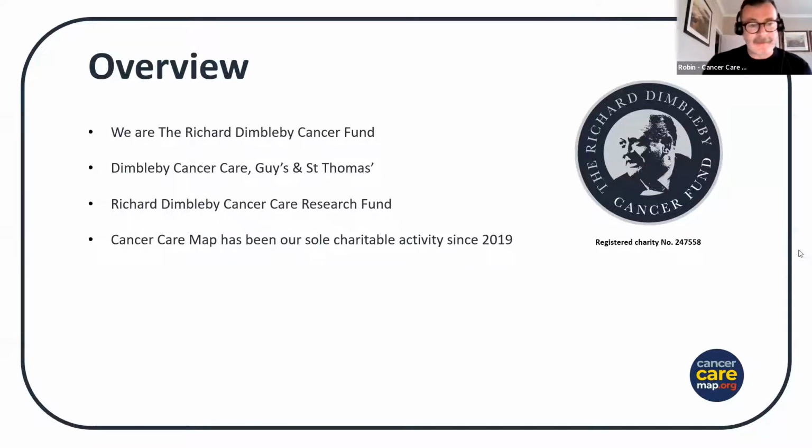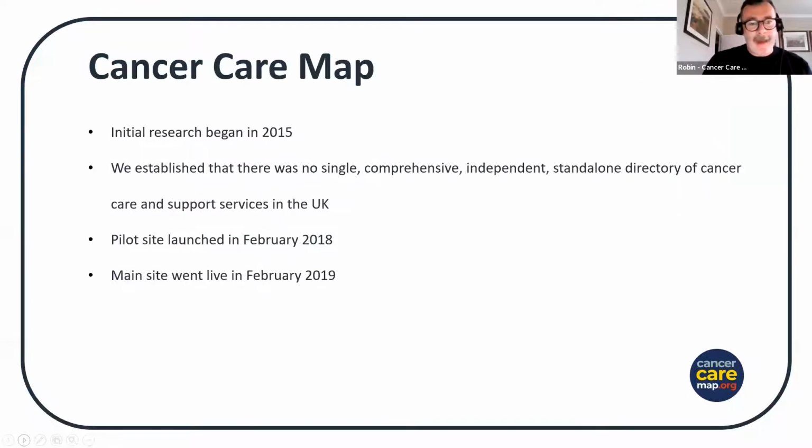Next slide, please. We began developing Cancer Care Map in 2015, and it very much came about through personal connections and people coming to us at Dimbleby Cancer Care at the time and asking us how they would find out about support that was available where they were.